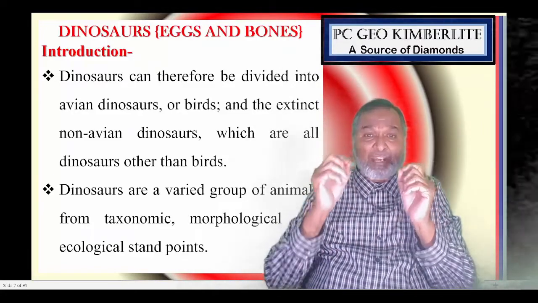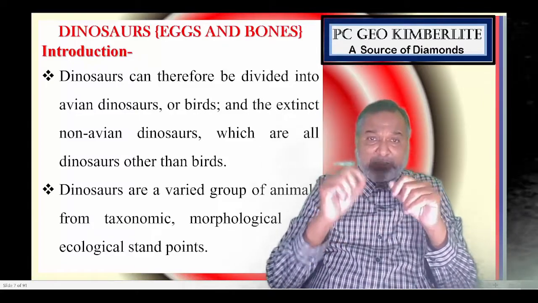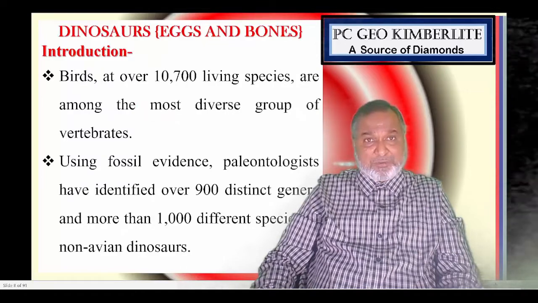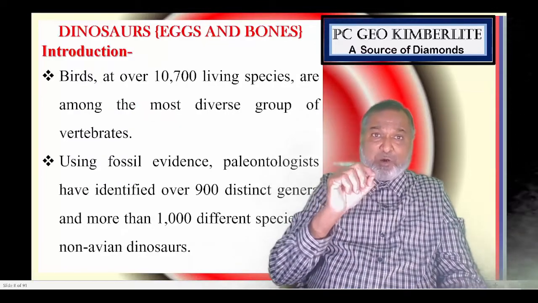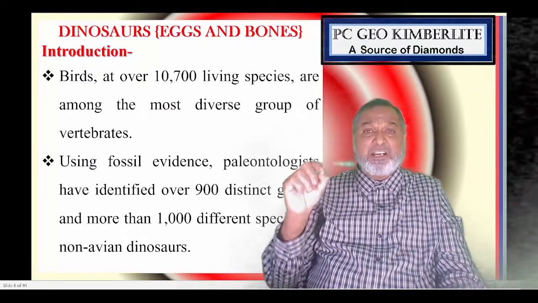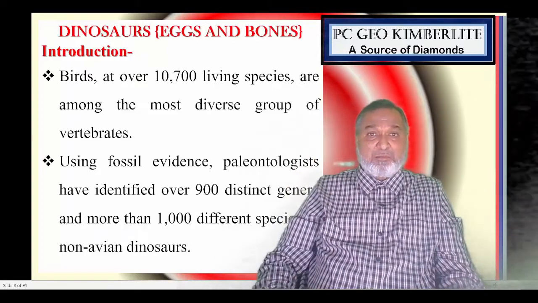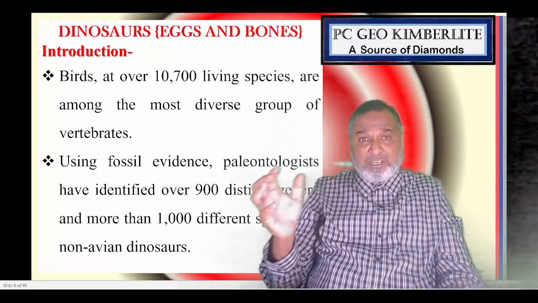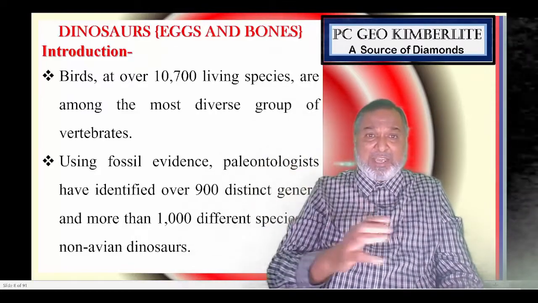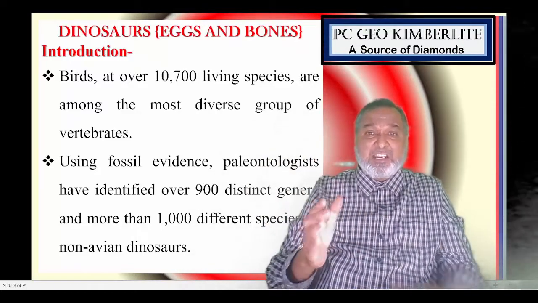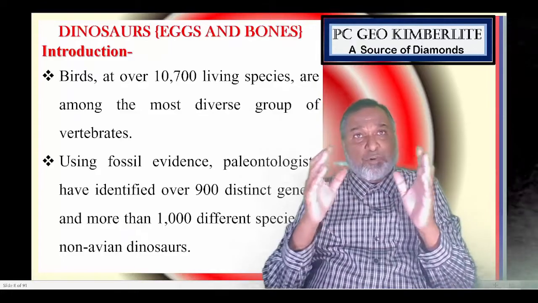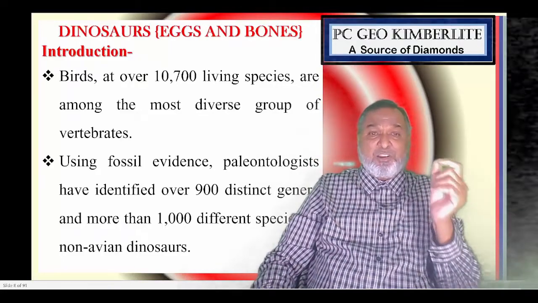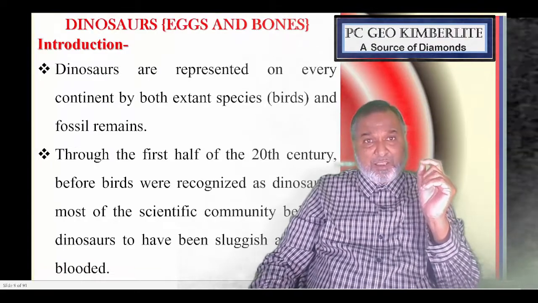Dinosaurs are a varied group of animals from taxonomic, morphological, and ecological standpoints. Birds, at over 10,700 living species, are among the most diverse groups of vertebrates. Using the fossil evidence, paleontologists have identified 900 distinct genera and more than 1,000 distinct species of non-avian dinosaurs.